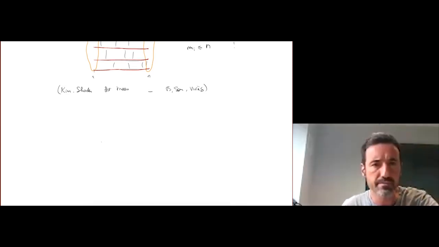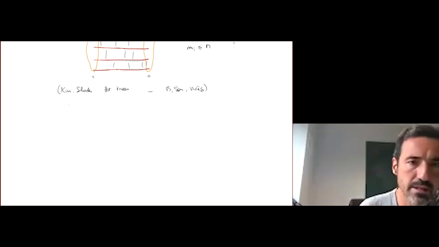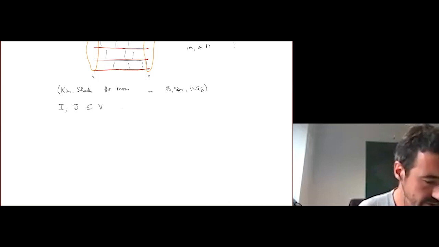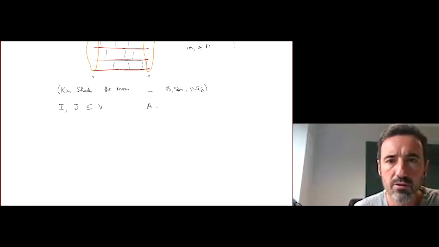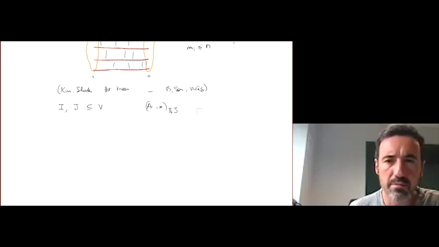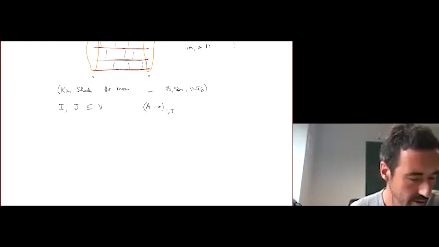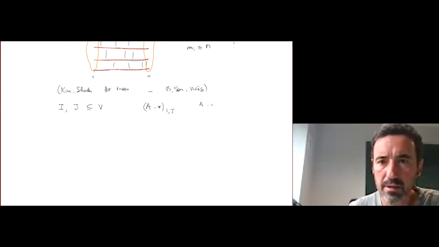So here we will, okay, it's also a kind of general statement. So yes, I will try to prove that. For any two subsets of the vertices, you consider A minus X_{ij} to be the matrix A minus X with rows I and columns J removed.